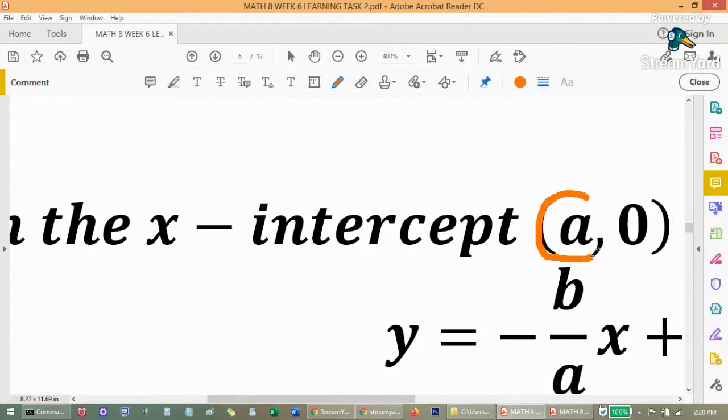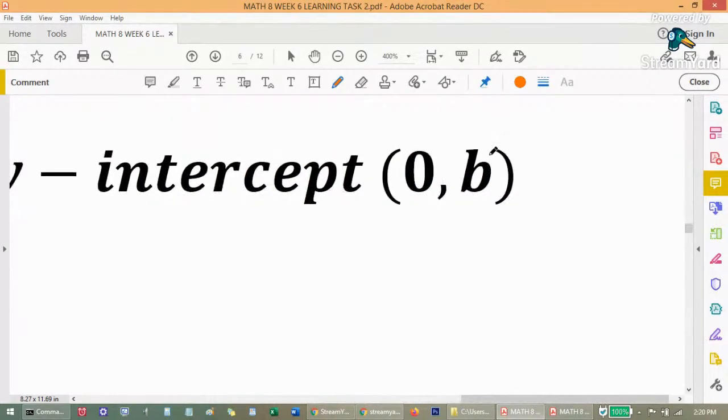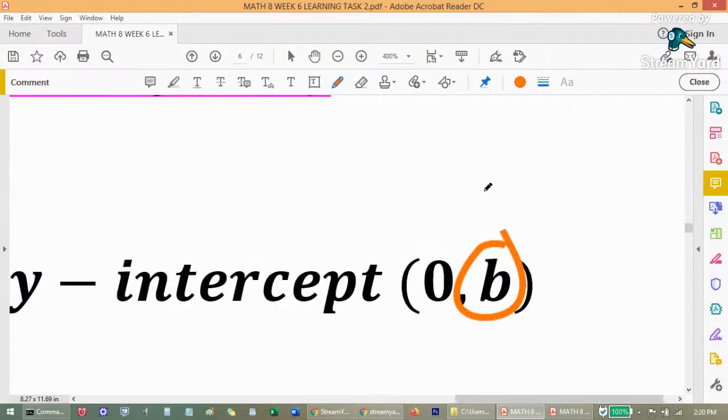Ang x-coordinate ay i-represent natin ng a. Hindi natin pwede gawing x to kasi pag tong a na to ginawa nating x, magiging dalawa ang x. So, ginawa nating a ang x. Yung x is represented by a. And then yung y was represented by b. Okay?